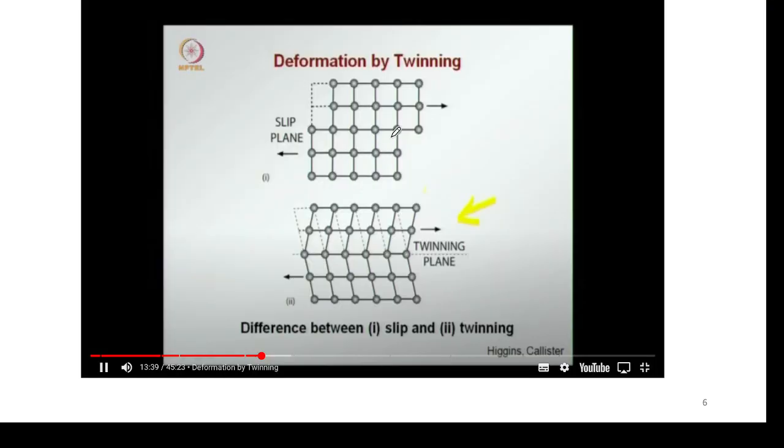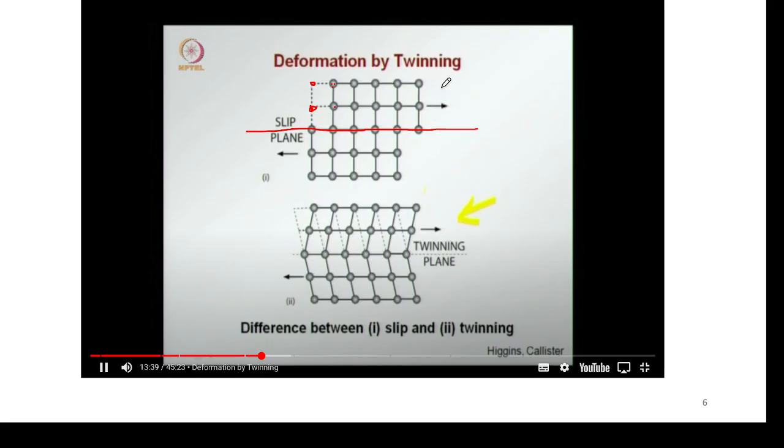And here is the example of slip. You can see it here. The first position of these atoms was here, and now they have moved to this location. Everything is shifted towards the right. This is called a slip plane, which happens at the atomic level in materials.